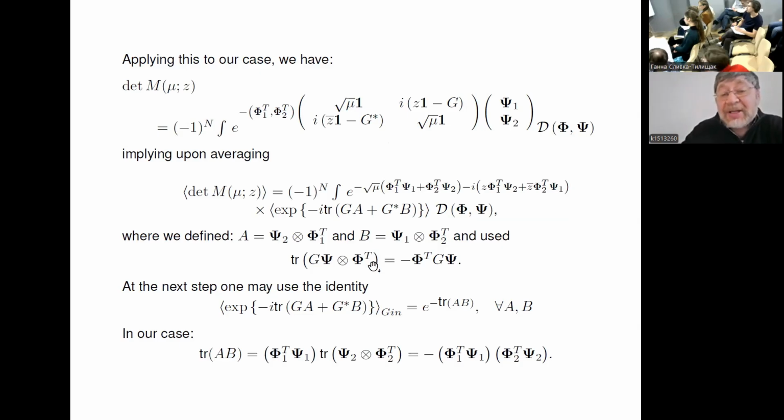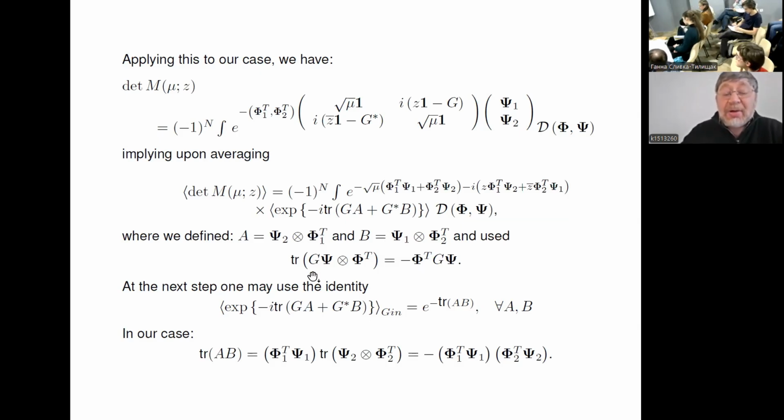And here it will be extremely concise because of the following identity, which you can easily check, just a Gaussian integral identity: the average of the exponential of minus trace of G times some matrix plus conjugate G times another matrix is just the exponential of minus trace of A times B. So it's a very nice Gaussian identity. So the only thing we need is to calculate the trace of A times B, and it's immediate because of the rank 1 structure of this tensor product as matrices.